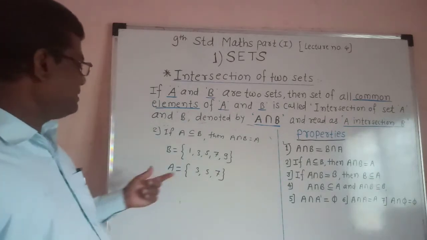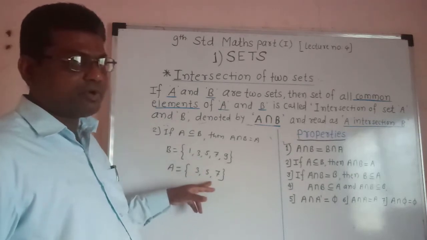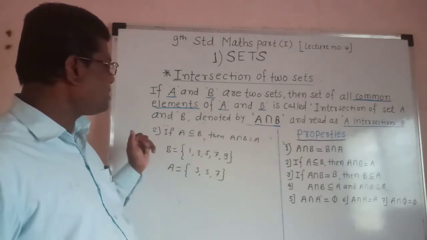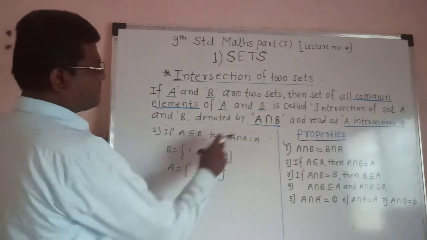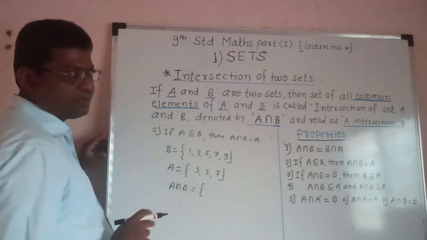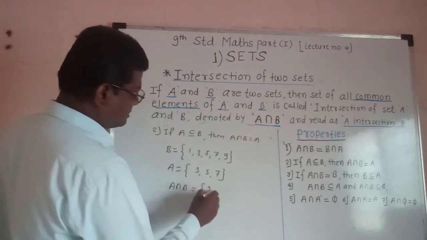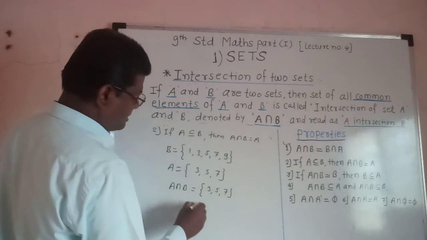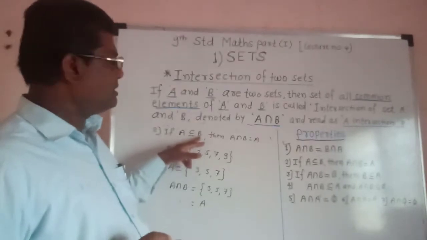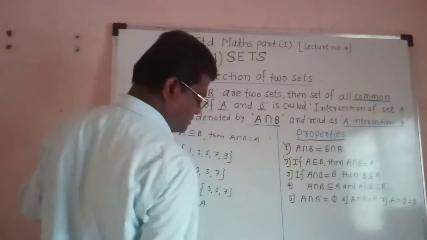Now let us see that set A is a subset of B because all the elements of set A are in set B. Therefore, set A is a subset of set B. And now if we find A intersection B, then we get the set of common elements in A and B, so that we got 3, 5, 7, and this set is also A. Therefore, if A is a subset of B, then A intersection B is equal to A. This is property number 2.